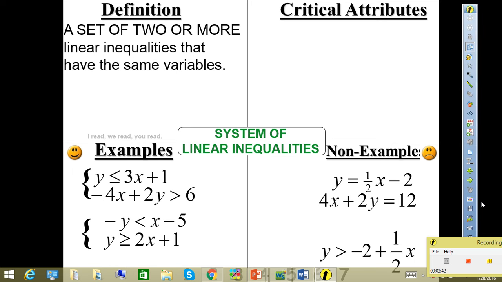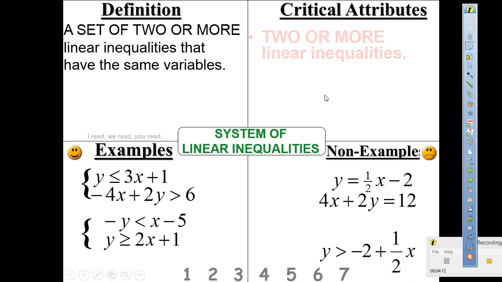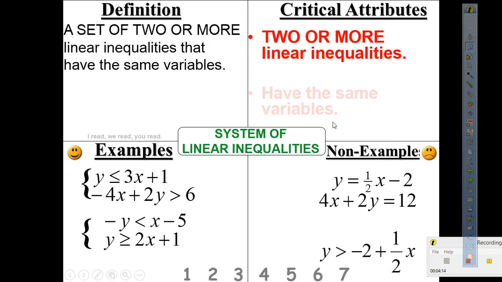I'll wait. You guys ready? We will finish, just letting you know. Okay, go. What was it? Sorry, the last one. Right. So, just remember two or more linear inequalities, and they have to have the same variables.